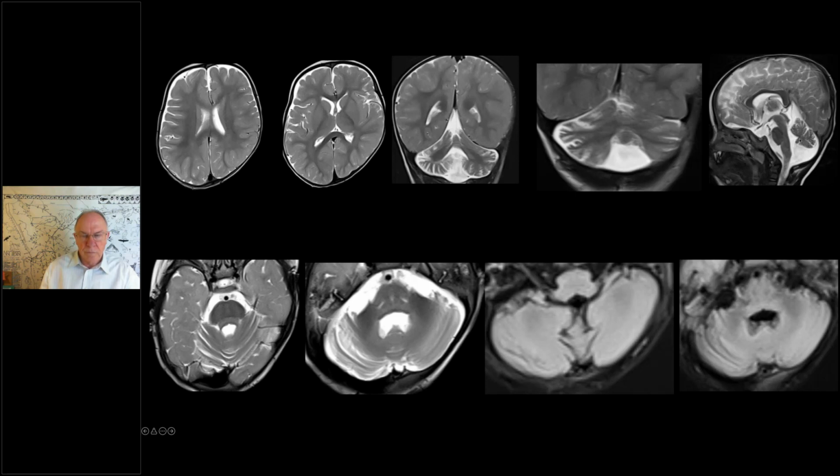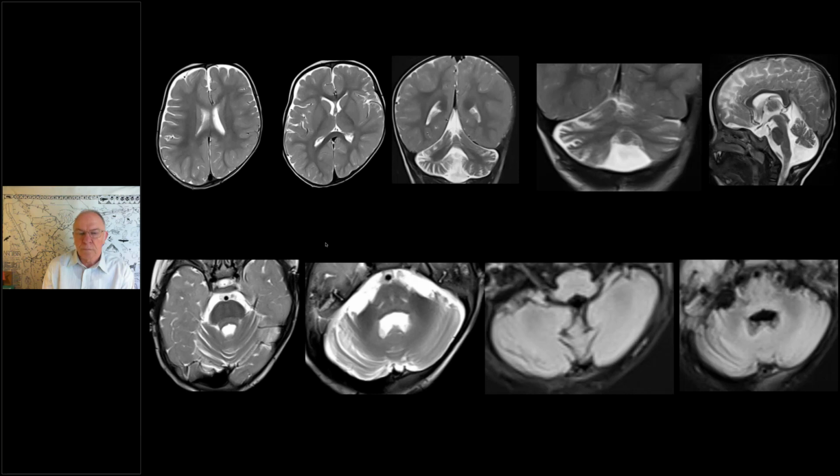There is some degree of inferior vermian hypoplasia, and overall an isolated finding of cerebellar atrophy. I cannot appreciate any hyperintense cortical changes in the cerebellum, which could probably narrow down the diagnosis. But based on the imaging, I would say that there is isolated cerebellar atrophy.